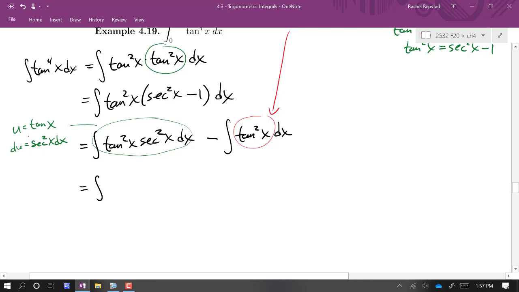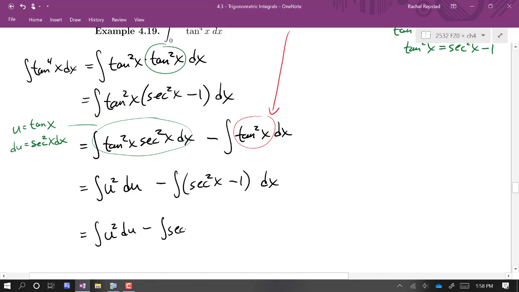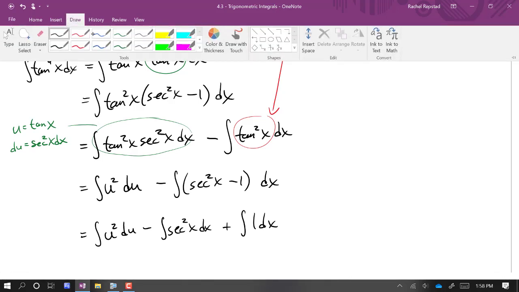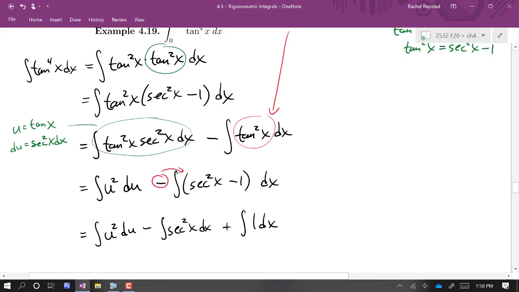That's the integral of u squared du minus the integral of secant squared x minus 1. And now I'm going to split up this integral. So I got the integral of u squared du minus the integral of secant squared x dx, and then plus the integral of 1 dx. It's a plus because we're distributing, right, this minus when we split it up, and so that ends up being a plus 1 there.